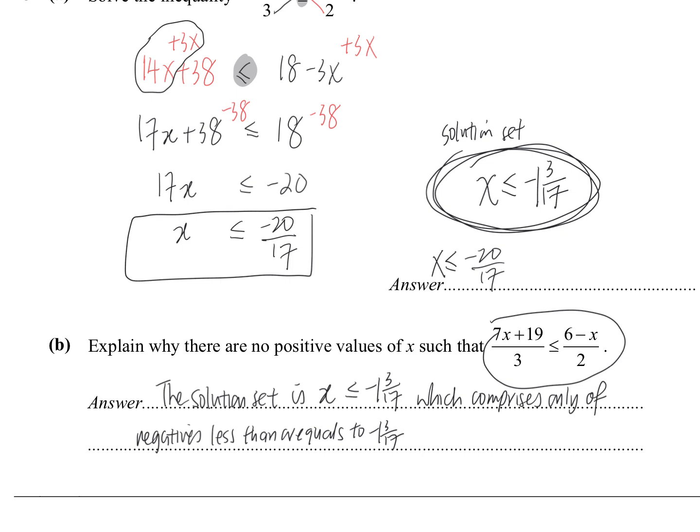Hence, there are no positive values. So all your solutions are less than or equals to negative 1 point something. There's no chance you have an x that is positive. Okay, if you don't want to write this whole chunk, you can replace this with x less than 0 here.